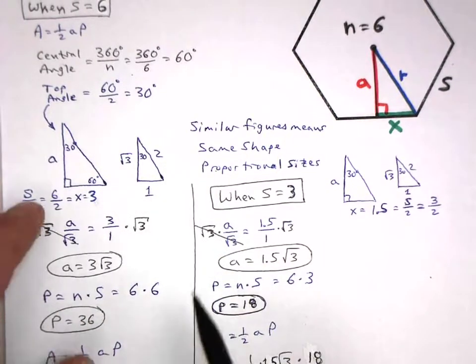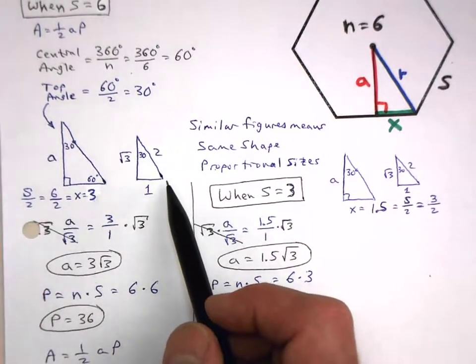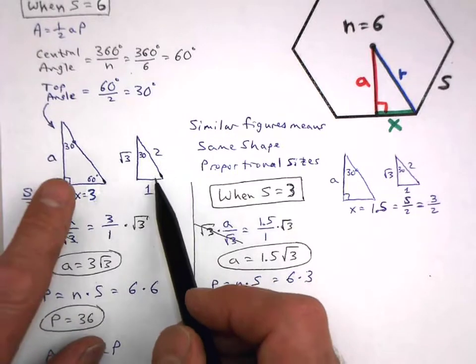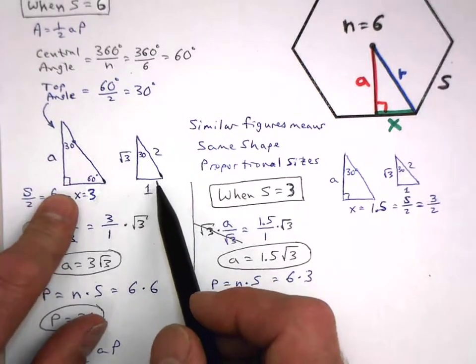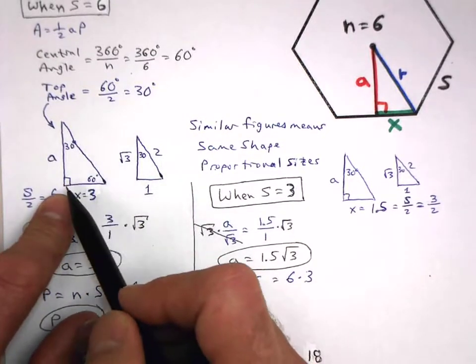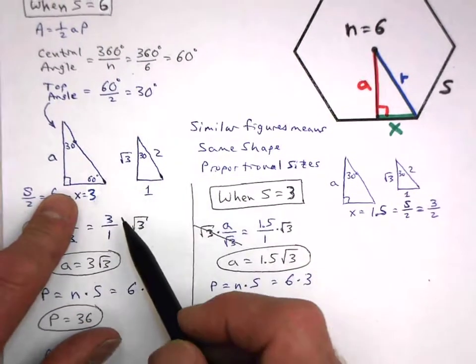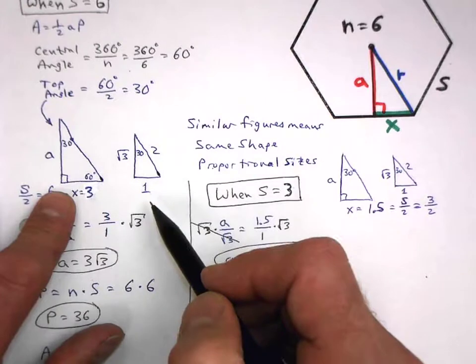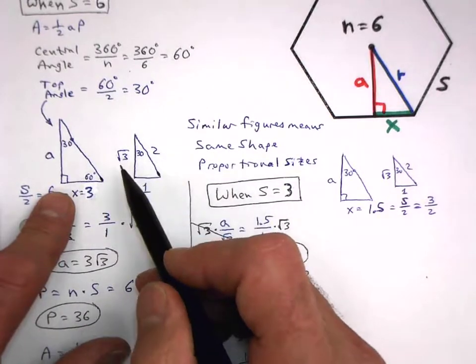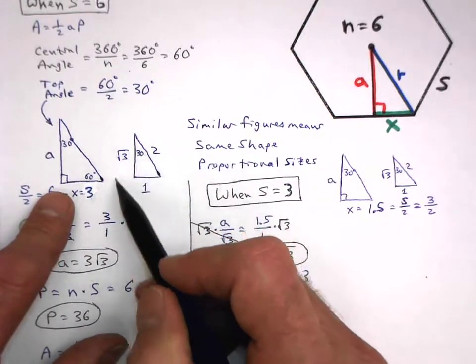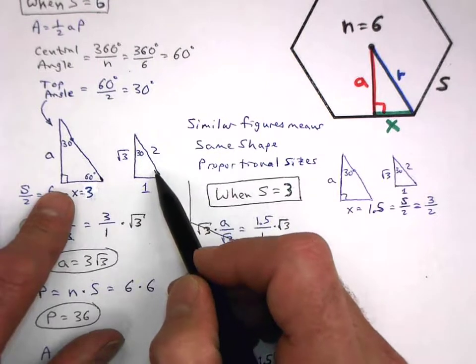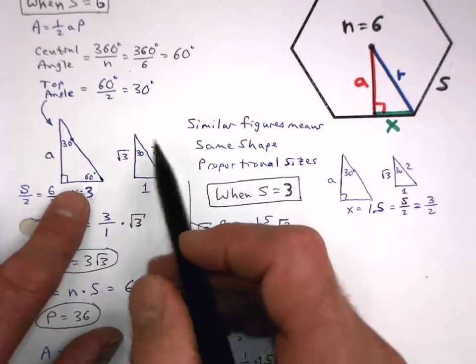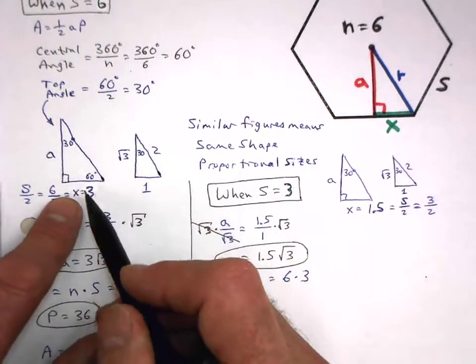But I think it's easier to use the special right triangle of a 30, 60, 90 triangle. And you will remember that when you see 30, 60, 90, you should think of 1, 2, and square root of 3. So here's our pattern, and we will put that in the same orientation as this problem that we're trying to solve.